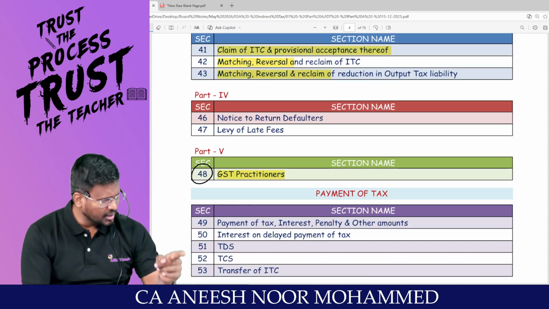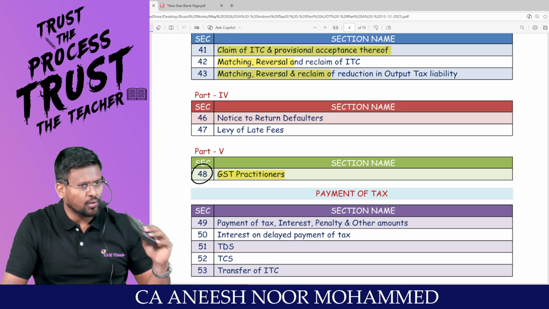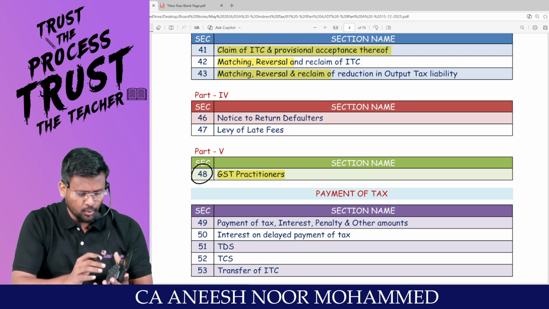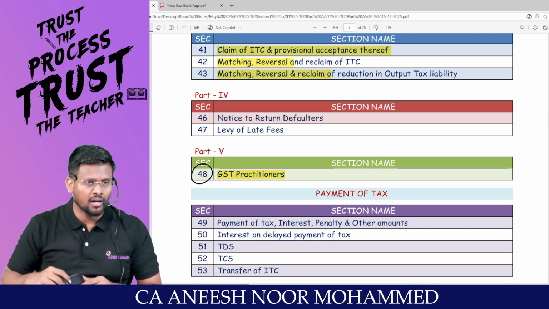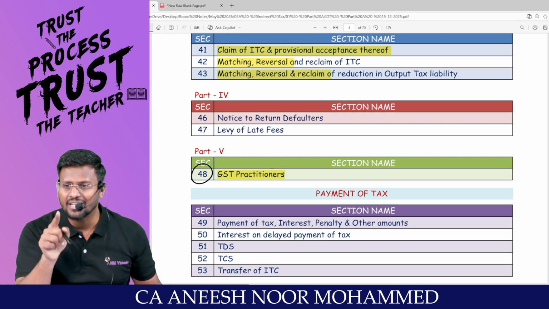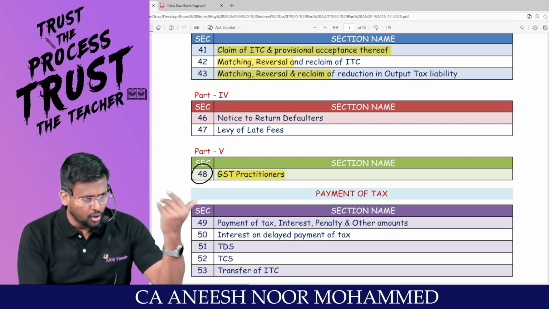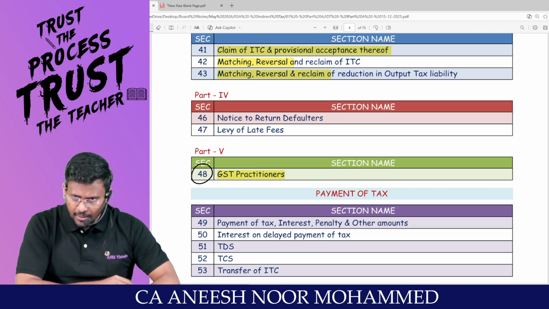Are you filing your return? At the time of filing the return, pay the tax also. Because have I sold a calculator? At the time of selling the calculator, have I collected any output tax? At the time of purchase of the calculator, have I paid any GST? Check whether that GST is blocked credit or allowed credit. If it is allowed credit, you can knock it off against the output tax collected. Then you will get the net GST payable. Am I right?